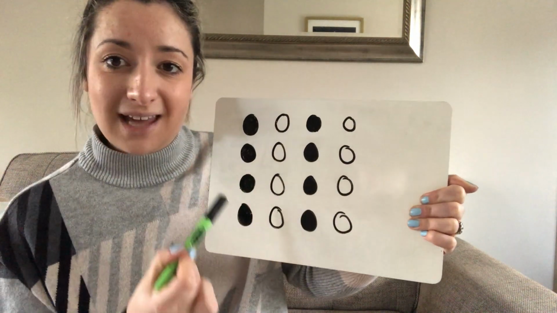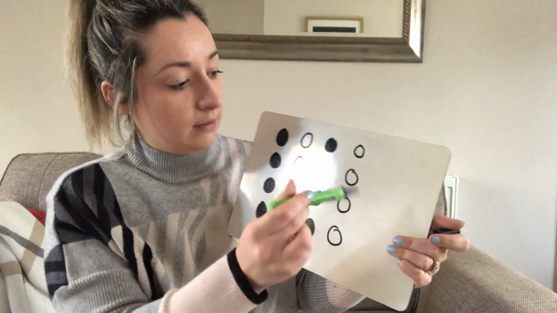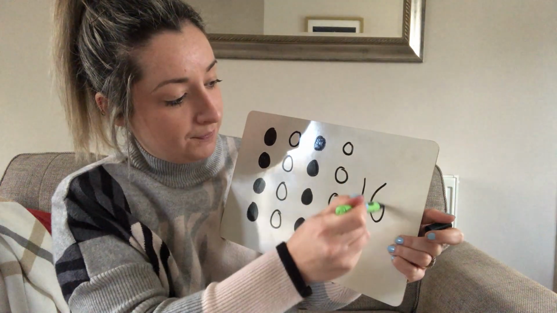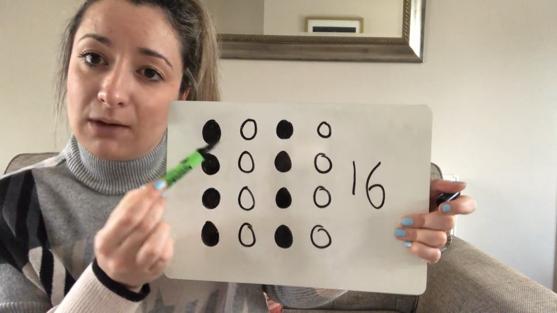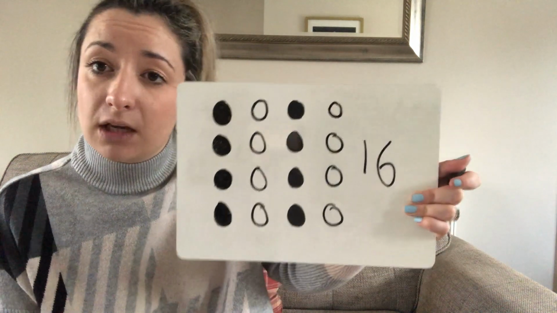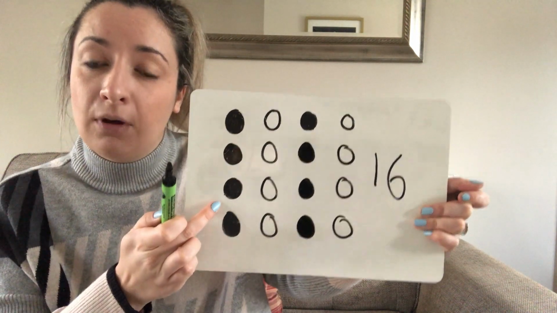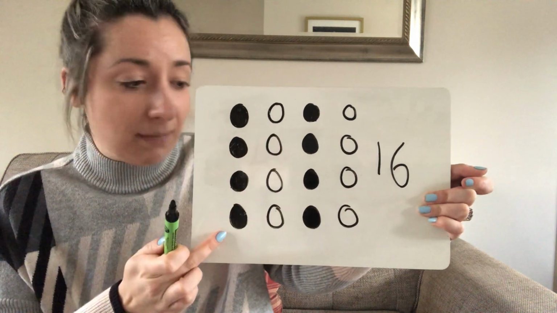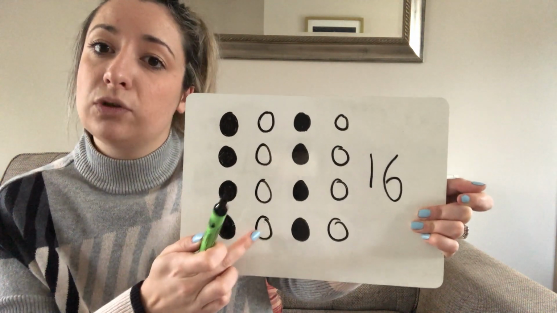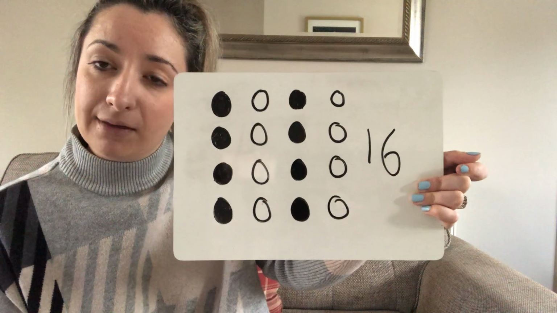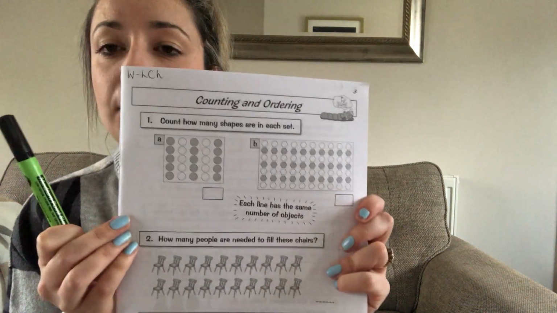So in one set, I know that I've got 16 shapes. Now I haven't counted each individual shape because that's going to take me longer. I've counted how many are in each column, and then I've used my times table knowledge to count on using that method. So in your booklets now, you can complete question A and question B.